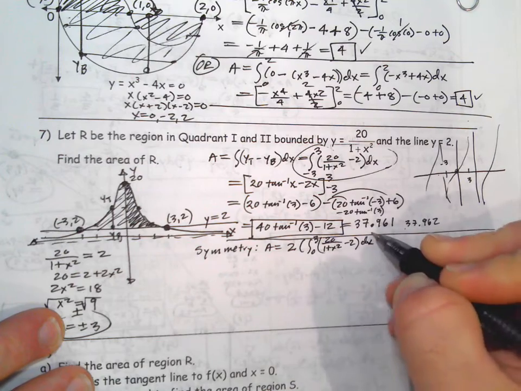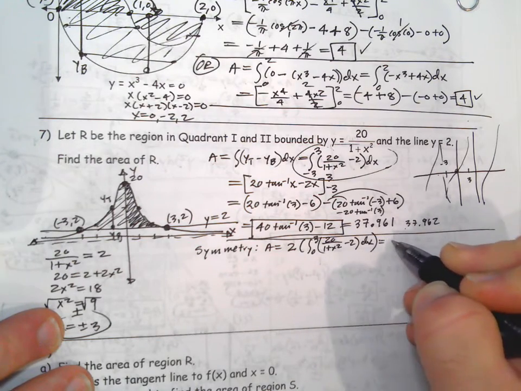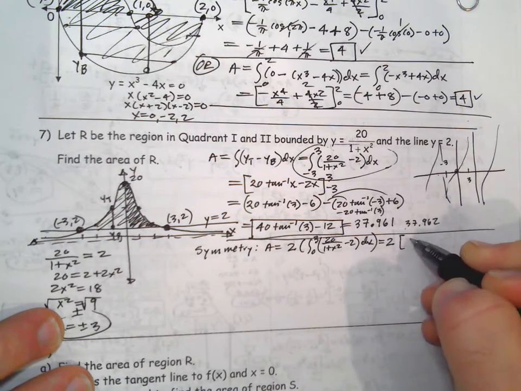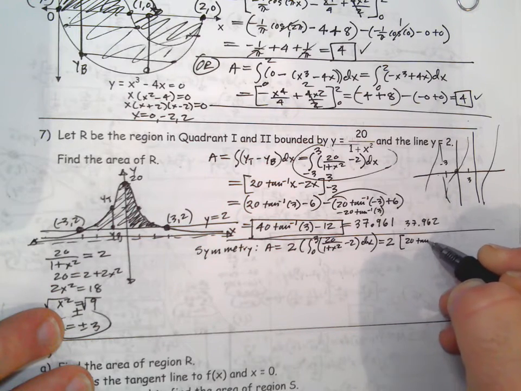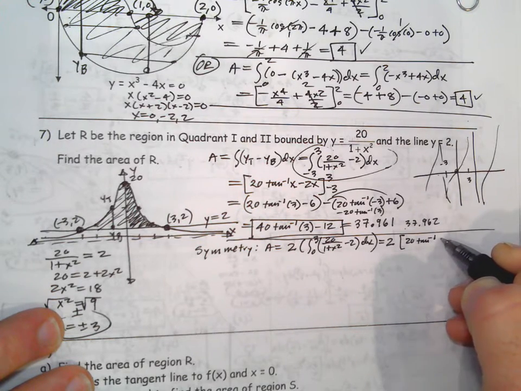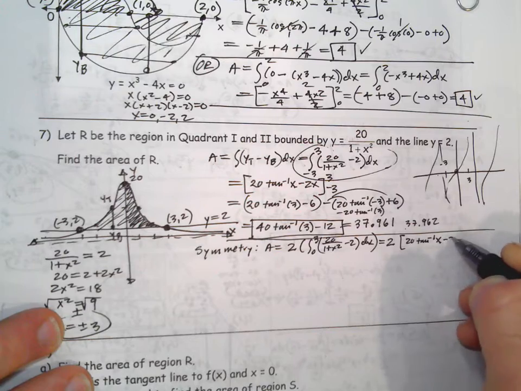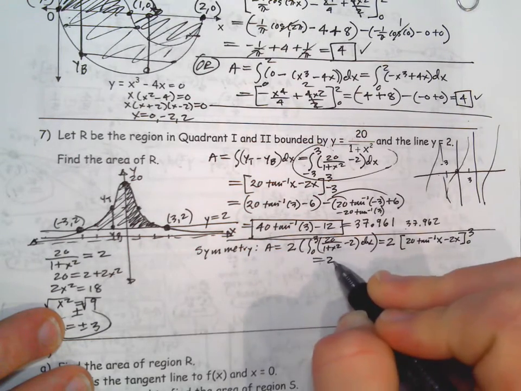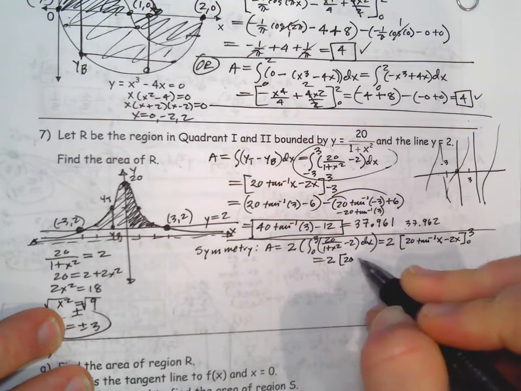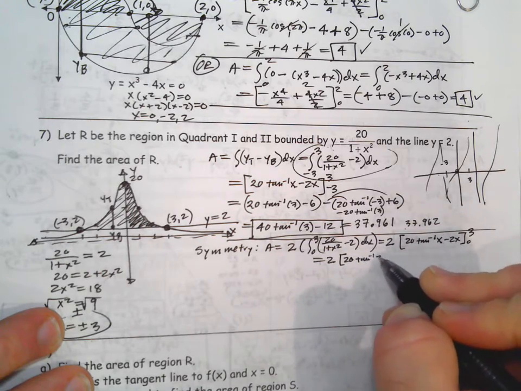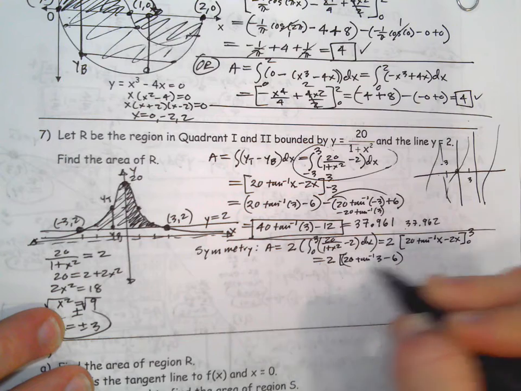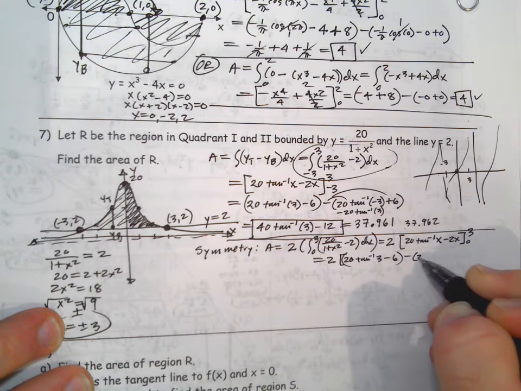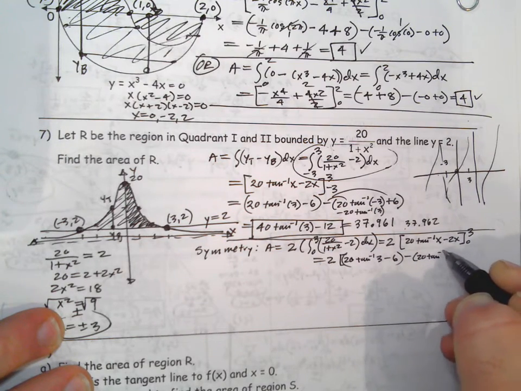This should work. Now you would say, okay, it's double, the antiderivative is still going to be 20 inverse tangent of x minus 2x, from 0 to 3. You plug in 3, and then you plug in 0.